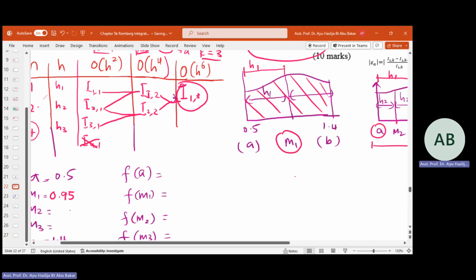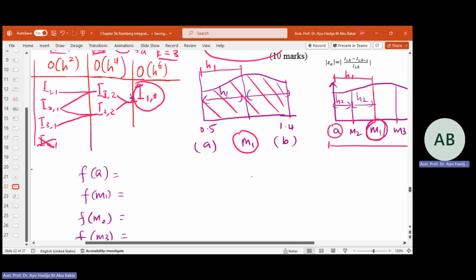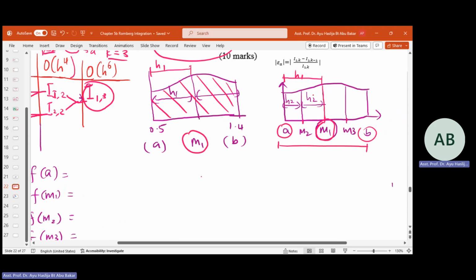For n equals 2, we get M1. Now move to when n equals 4, 4 segments. So when you have 4 segments, you will get midpoint 2 and midpoint 3. For that, you need to find h2 because it involves h2. So (B minus A) over n, you will get your h2.